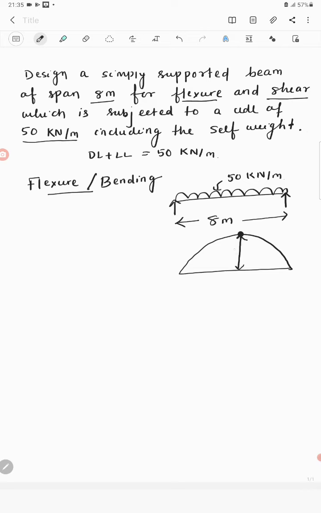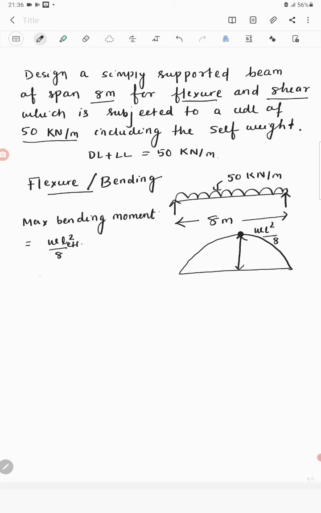The beam is subjected to UDL, so this will be WL square by 8. So the maximum bending moment for simply supported beam subjected to UDL, that is WL square by 8, this L should be L effective.